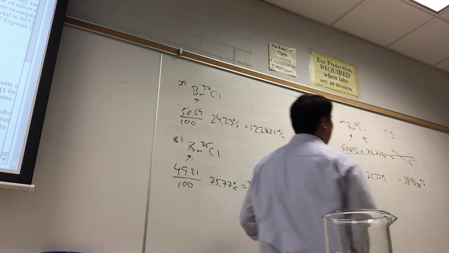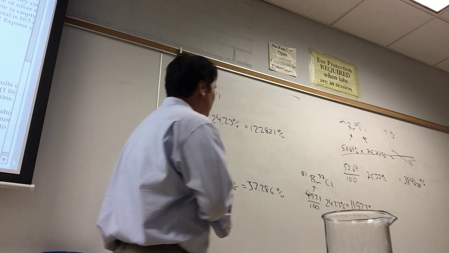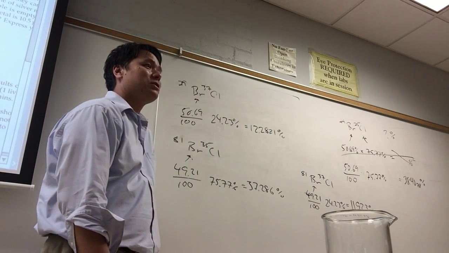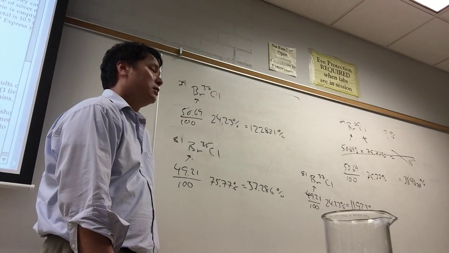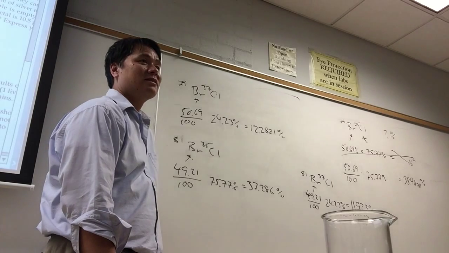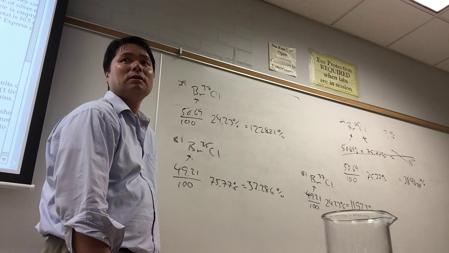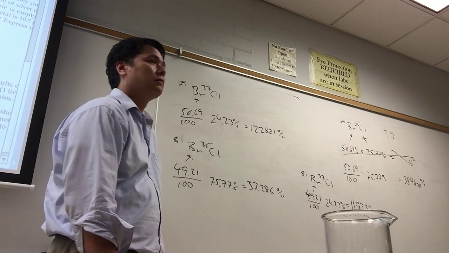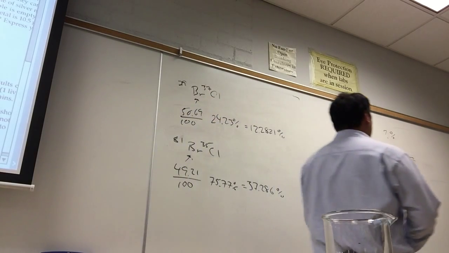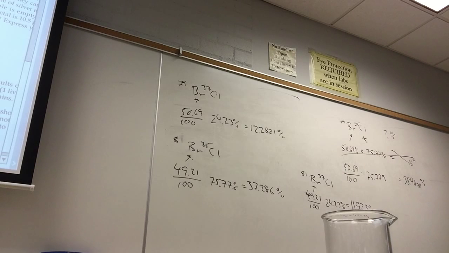And then we double check this. We add up all the percentages and hope that it comes out to 100%. Here's where round-off error might not make it come out to 100%, because if we round all these, it probably won't.